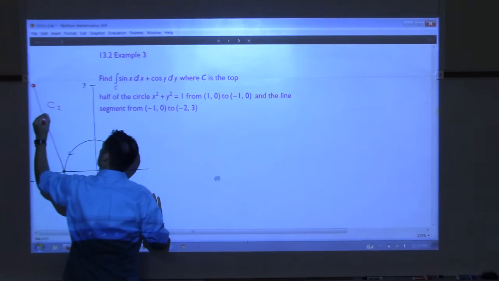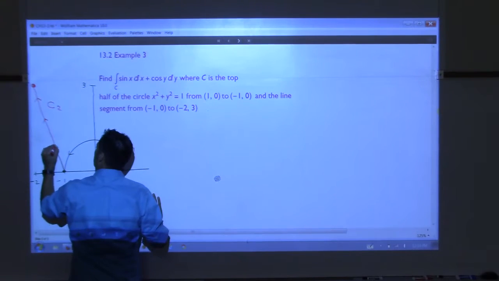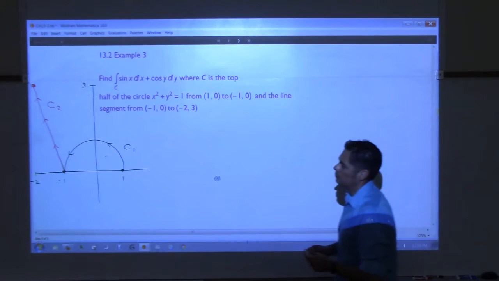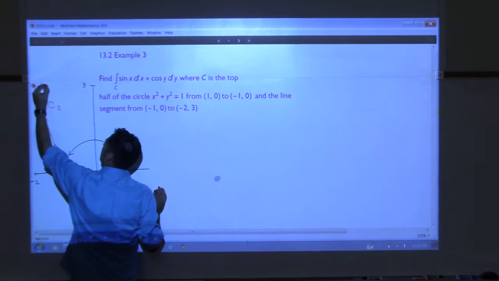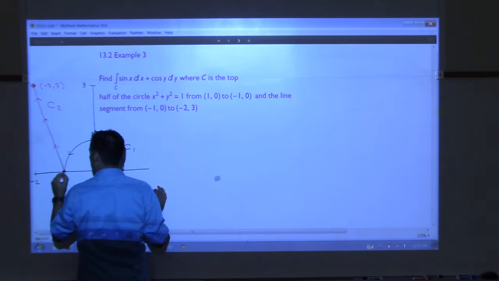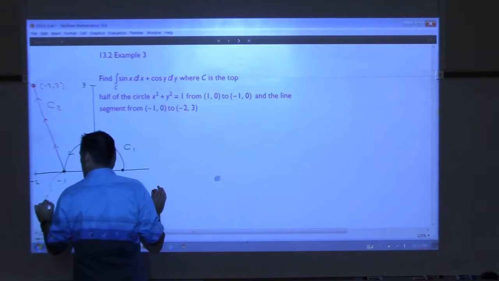This is C2. This is the point (negative 2, 3). This, of course, was the point (negative 1, 0).